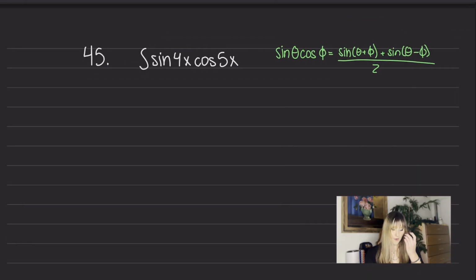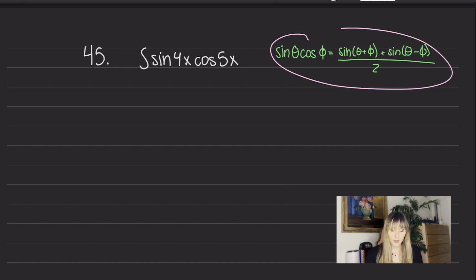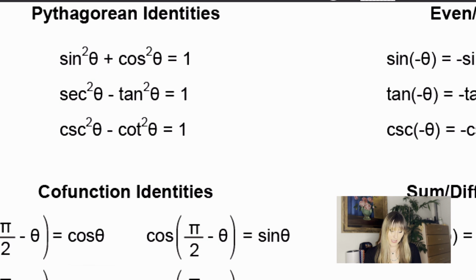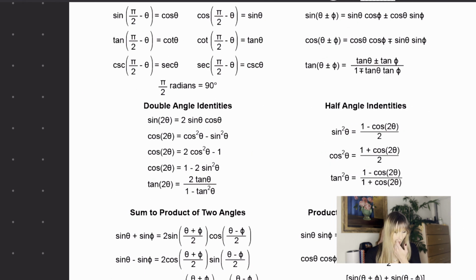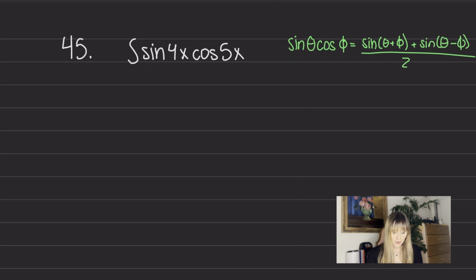All right, so when I wrote these problems, I put this little formula because I knew I would forget it. And of course, it's on my little sheet that I always have. Duh. So let's do it. So obviously 4x is going to be that theta, and then I think that's phi. That's going to be 5x. So I'm just going to do some simple algebra to convert this, right?